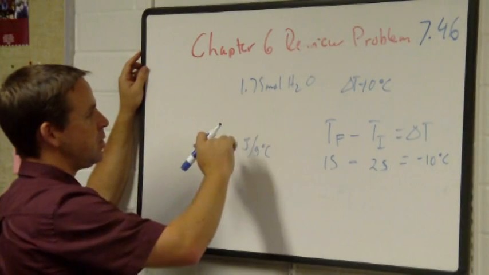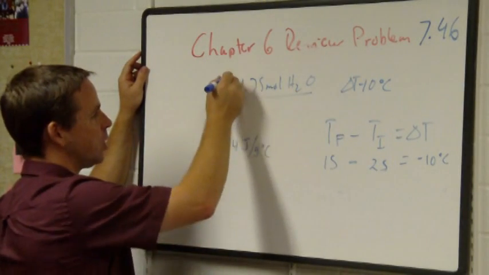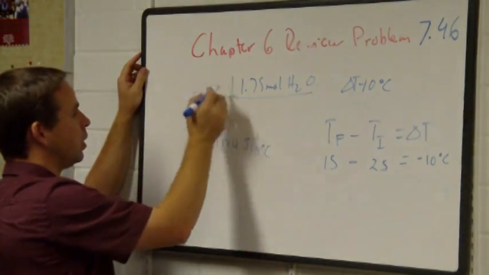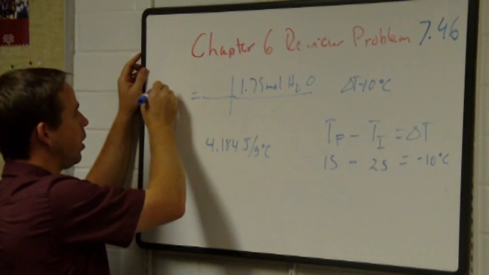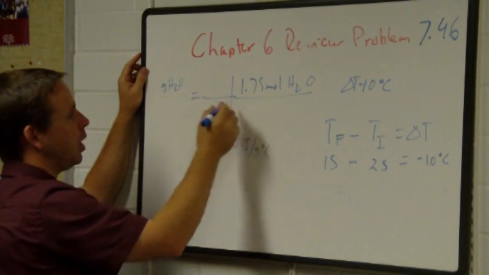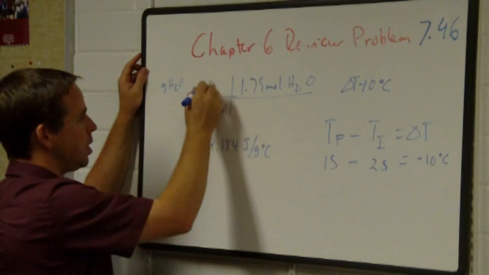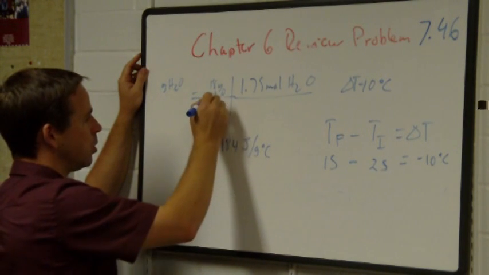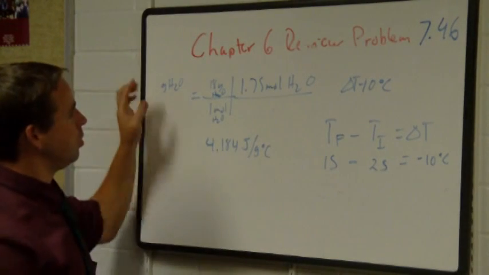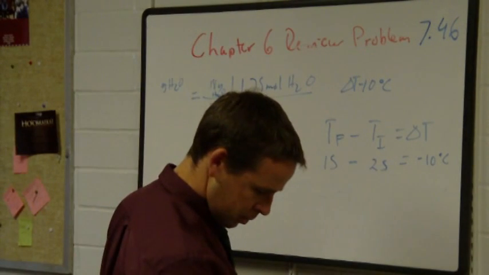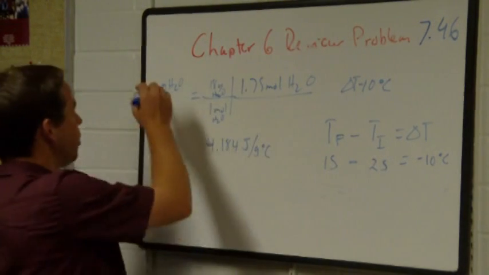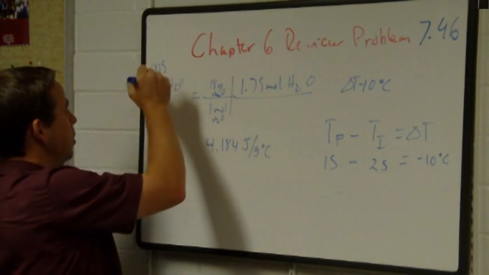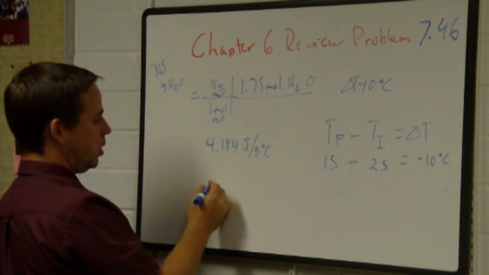So if I have 1.75 moles of water, I can convert this to grams of water by knowing that 1 mole is 18 grams. So 1.75 times 18 is 31.5 grams.